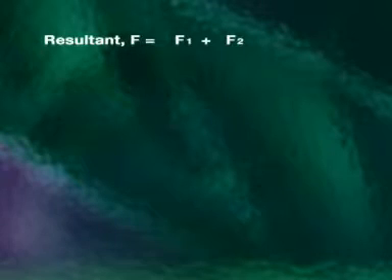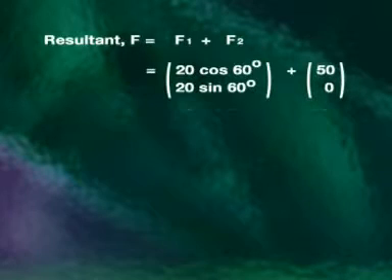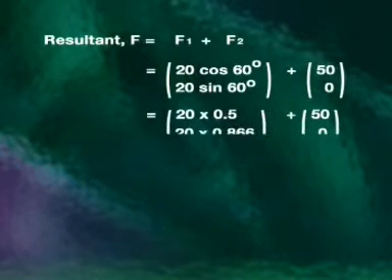Resultant F equals F1 plus F2. This equals 20 cos 60 and 20 sine 60 plus 50 and 0. This gives us 20 times 0.5 and 20 times 0.866 plus 50 and 0.